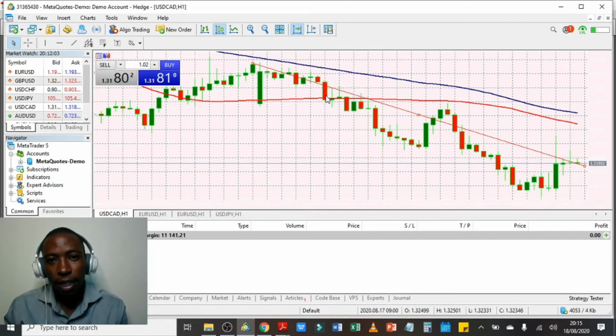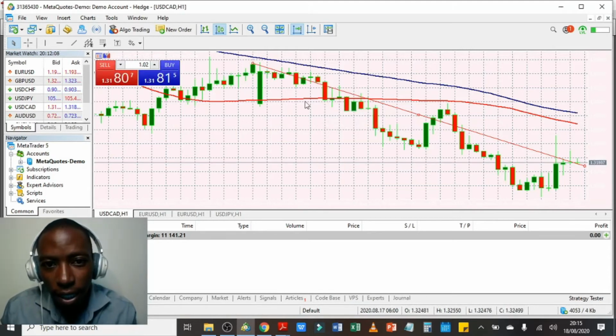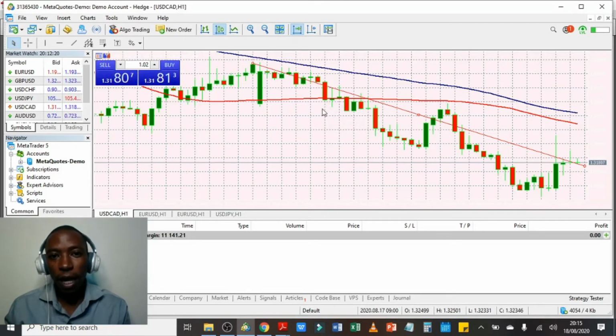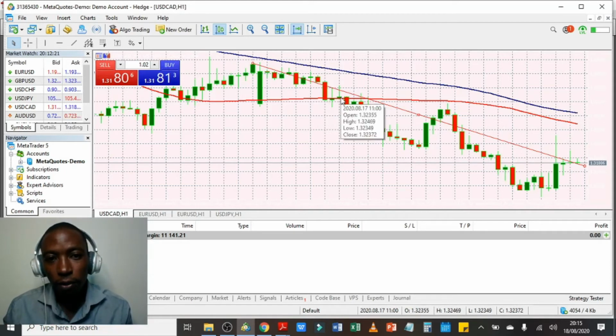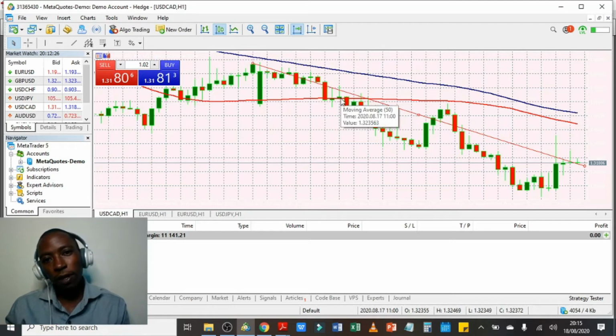Then the market tended to deflect from the trend line, but as you can see, directly below the trend line on this red candle, there is the 50-hour moving average. That 50-hour moving average acted as a point of support, and there was some kind of non-trending because the price could not break the 50-hour moving average.